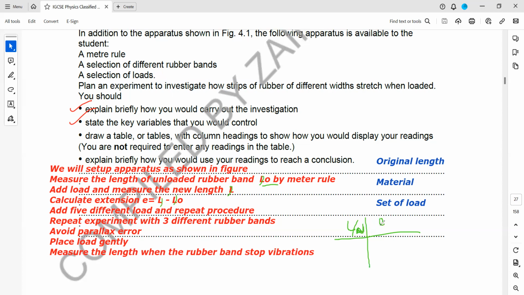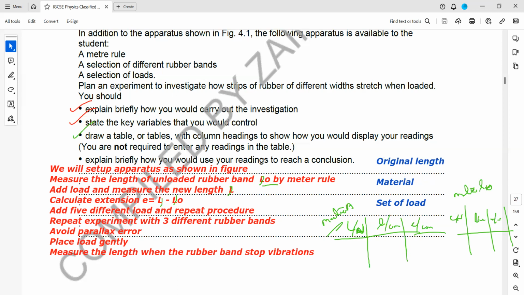Then length, l in centimeter, and then extension in centimeter as well. And because different materials are there, this is for material or rubber band A, and then the same table you can draw for material B as well. So load, length, extension, and then that is material B.